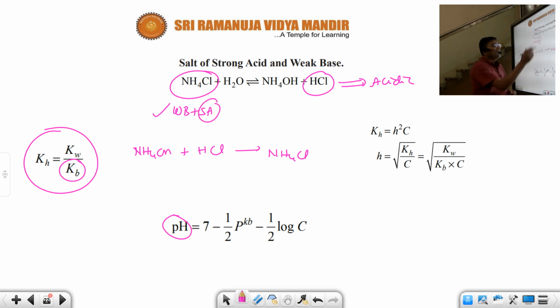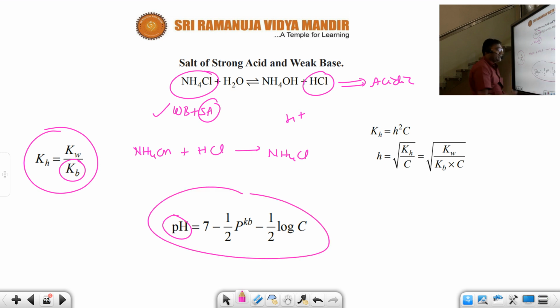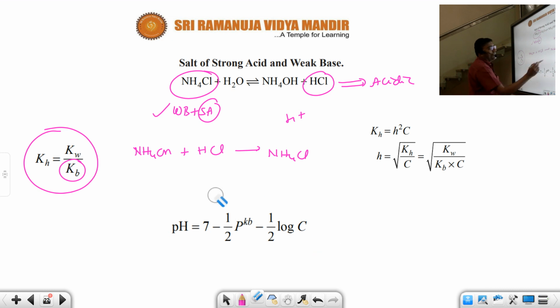When a solution is acidic, you directly get the H plus ion concentration. So pH is equal to 7 minus half pKb minus half log C. You must memorize this formula. Similarly, you should memorize H plus is root over Kw by Kb into C.